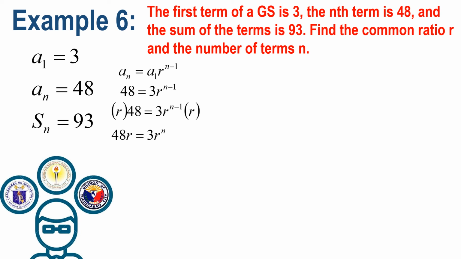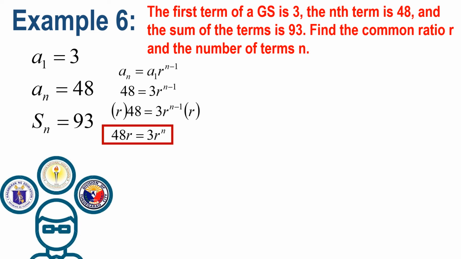Notice that if we have the same basis, we are multiplying exponential expressions with the same basis, we are just going to add their exponents. So n minus 1 plus 1 will give me n. So that leads us to our first equation, which is 48r is equal to 3 times r raised to the nth power.